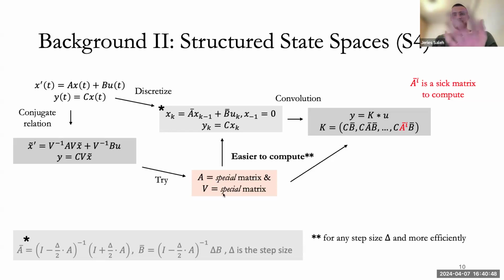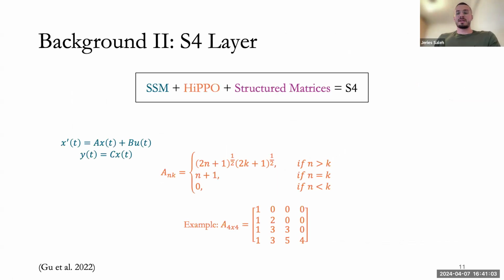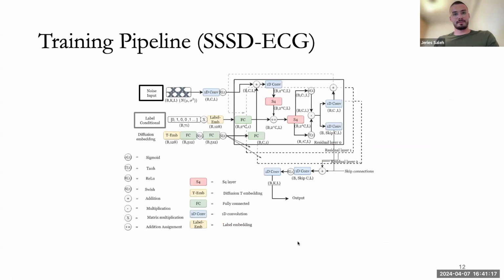And they show that this holds for any step size, and this is easier to compute. So to sum it up, the S4 layer is structured, it's a state space model with a special initialization of matrix A as the Hippo matrix, and working with its structure, they build the S4 layer, and it should be better in capturing long-term dependencies.